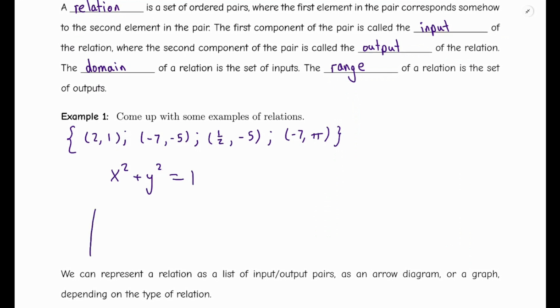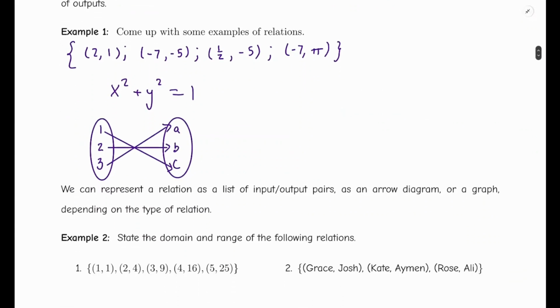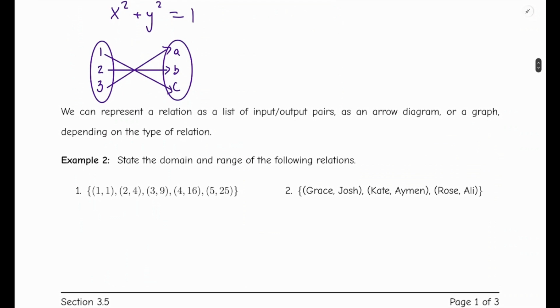Or you can even have a diagram to represent a relation, where the starting of the arrow is the input, the end of the arrow is the output. We can represent a relation as a list of inputs and outputs, an arrow diagram, a graph, or what have you, depending on the type of the relation.